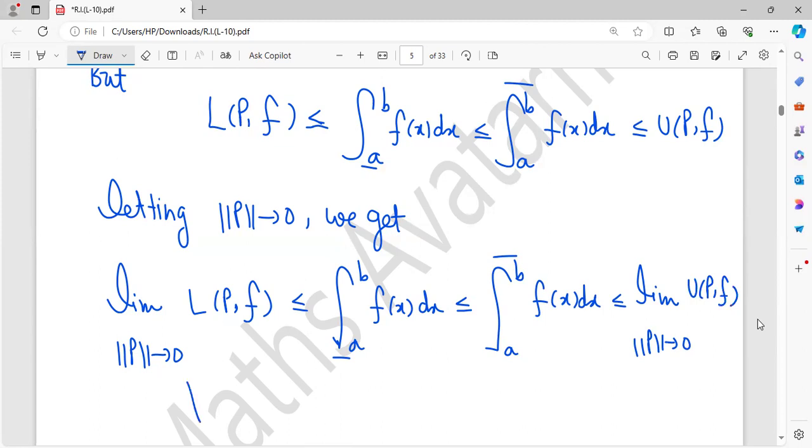But these two are equal. So what does it mean?